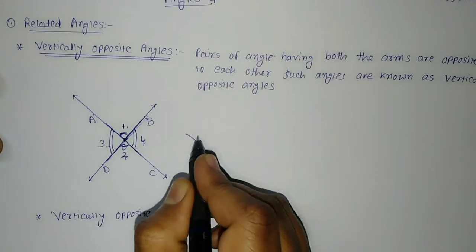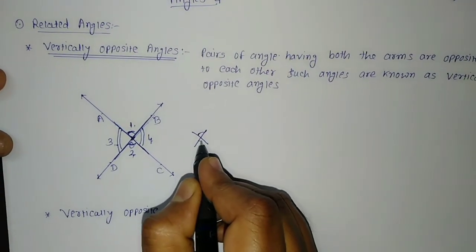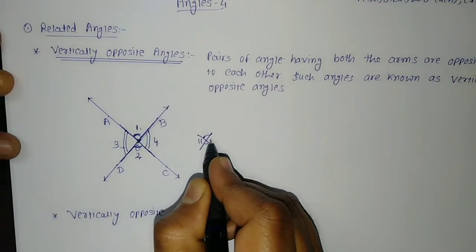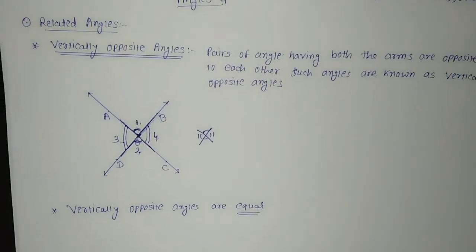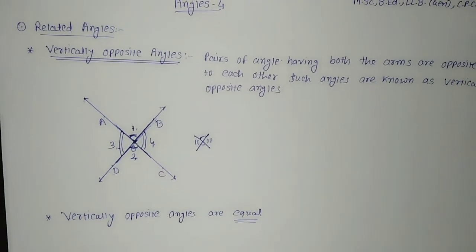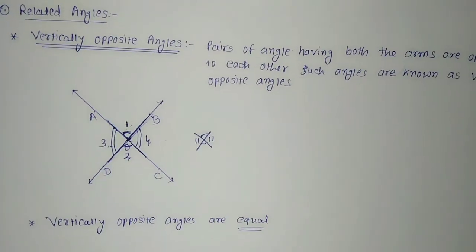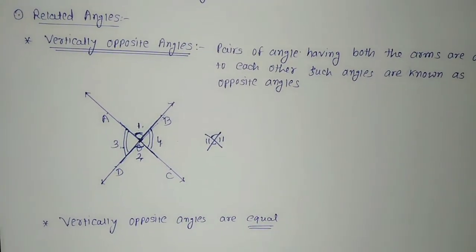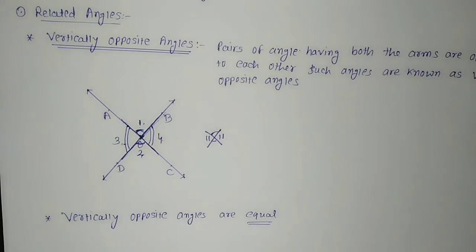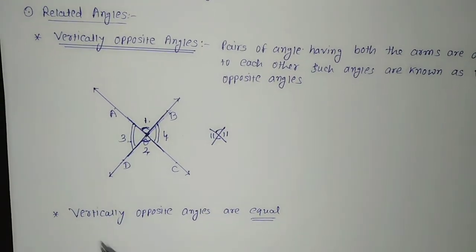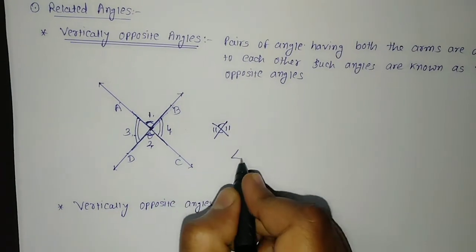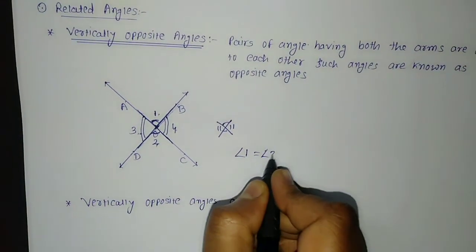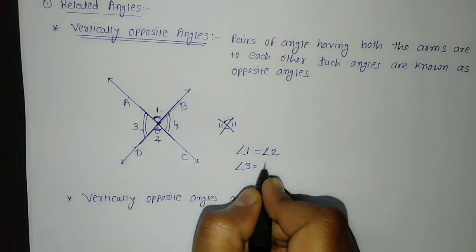Simply remember, when a cross is formed, these opposite angles of the cross are always called vertically opposite angles. And the most important property, which you must always remember because competitive exams always ask such questions, is that vertically opposite angles are always equal.